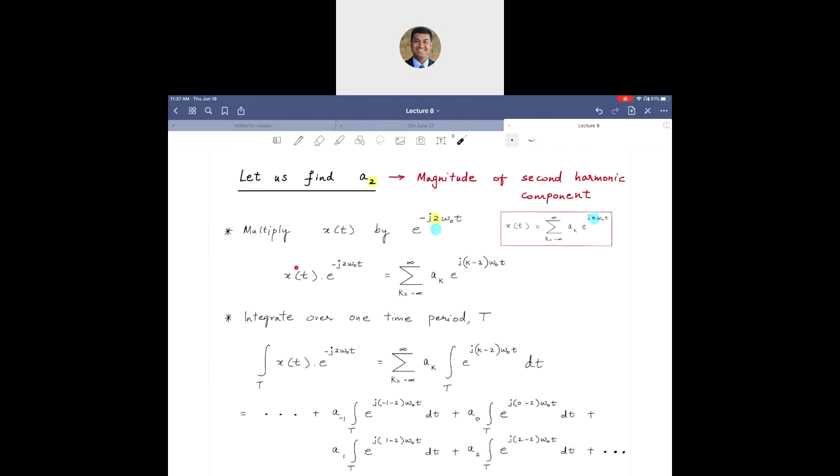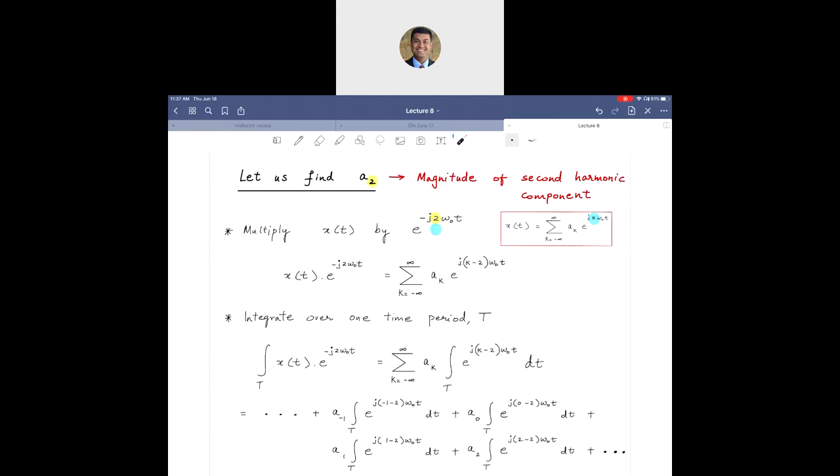Left hand side is x of t e to the minus j 2 omega naught t equals, summation sign remains as is, a k can be outside the integral because the integral is with respect to time. So the integration can be over one time period, e to the negative j k minus 2 omega naught t dt. So essentially I'm integrating both left and right hand side of this equation here.